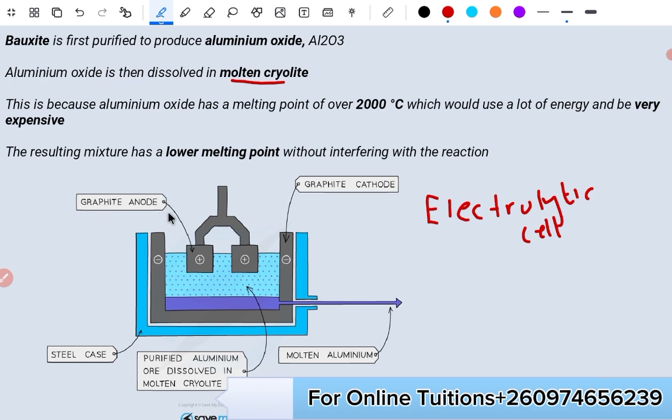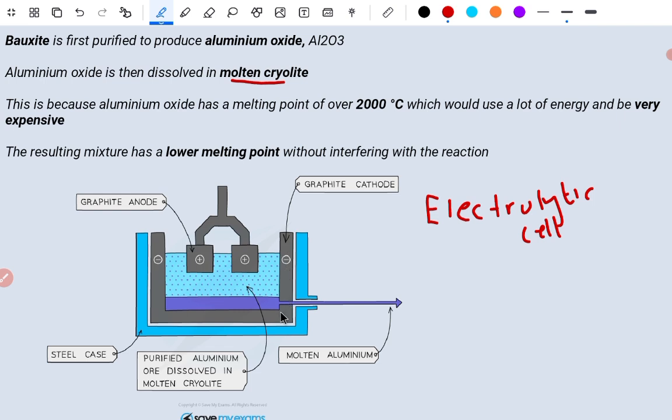Anode is positively charged. I'll explain why the cathode is placed below and why the anode is placed on top. All we need to know is that the graphite cathode is negatively charged, while the graphite anode is positively charged. So let's go further and explain.